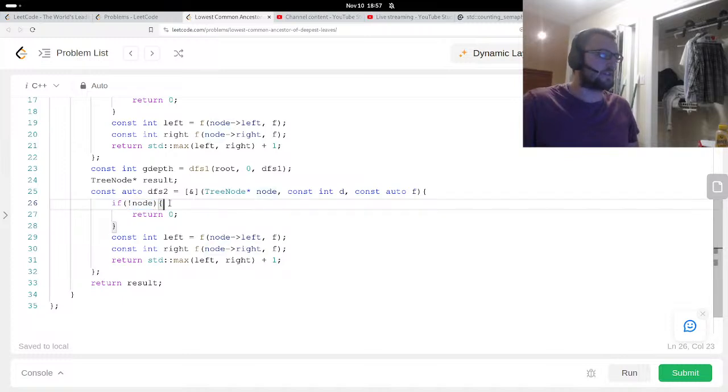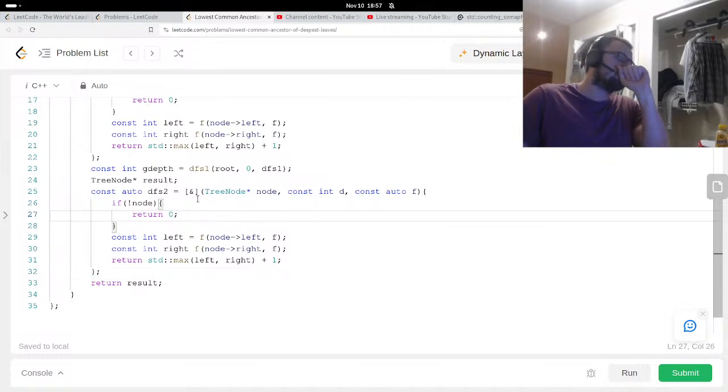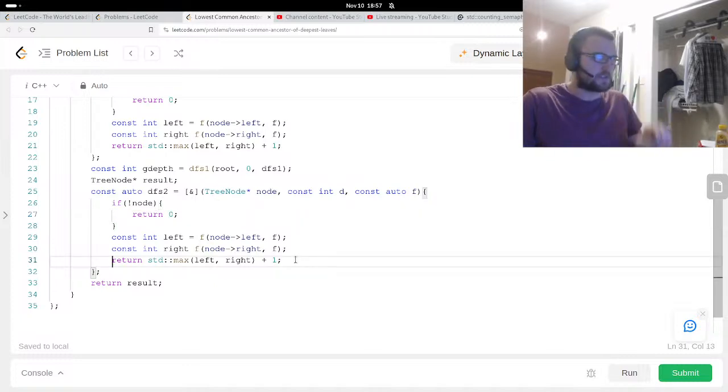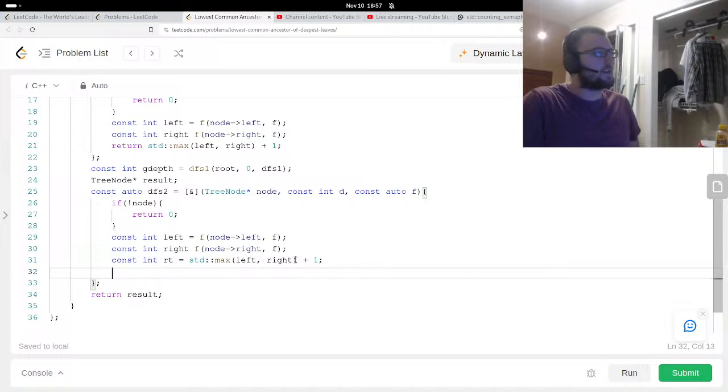Now again, I'm going to calculate the maximum depth at each node, right? And we're going to say this is the result int return, or return value. I'll say return value. And I'm going to say now the current depth d plus 1, right?